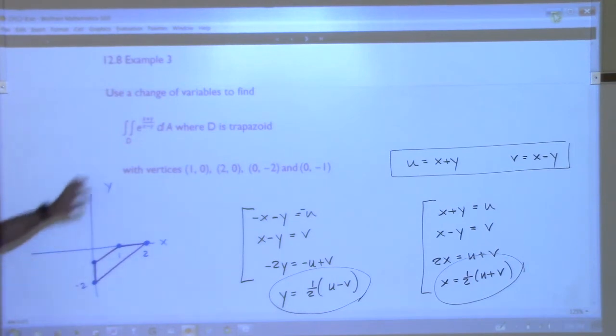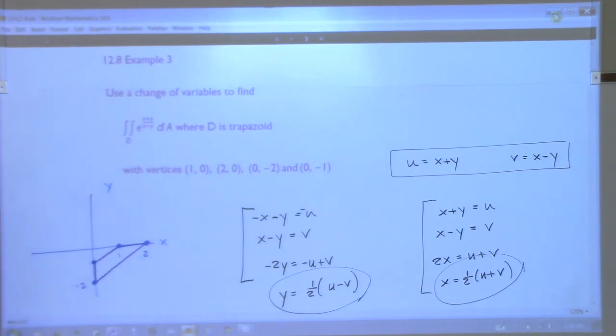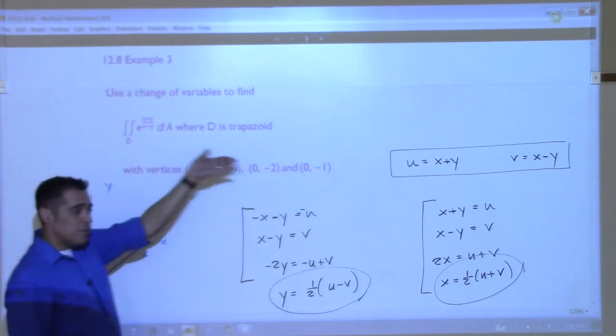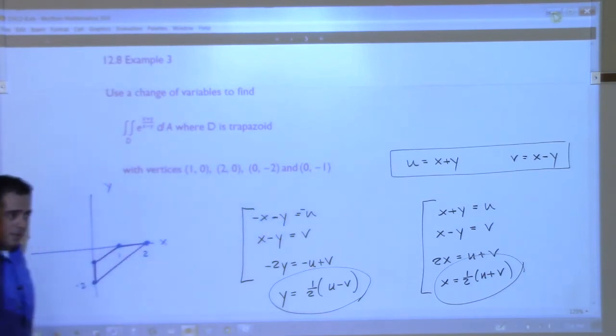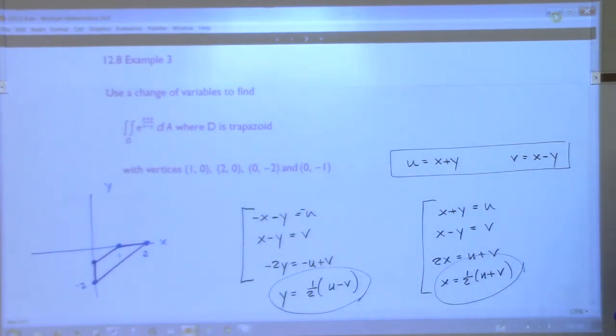I can substitute that in here. So this will be e to the u over v, but what do we still need? Our range of integration. We need our new region. We need to see what this thing under this transformation becomes, right? So I'm going to do this with kind of the shorter approach. Are our transformations linear? Yes.